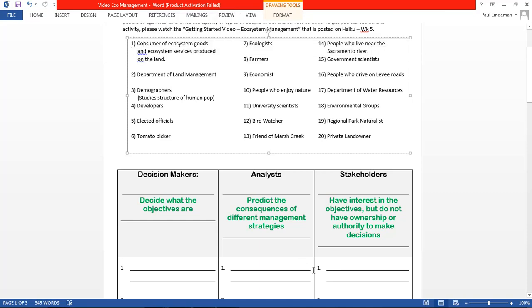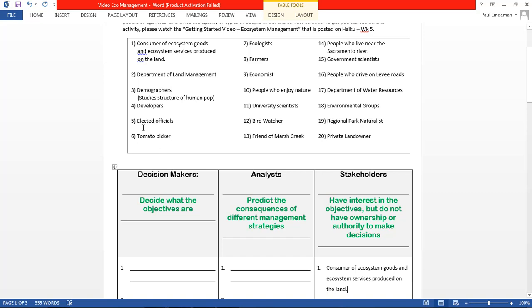I was hoping to just copy and paste, but I can't, so I'll just write it down here. Consumer of ecosystem goods and ecosystem services produced on the land. So that one's gone.